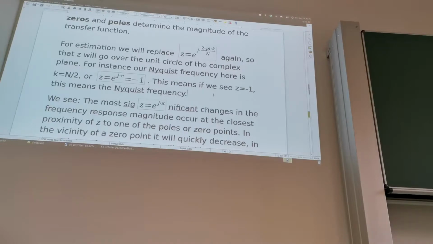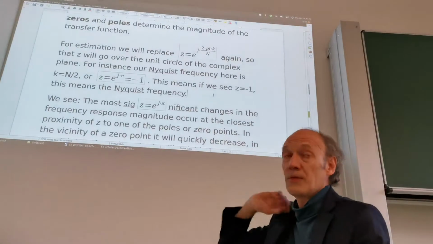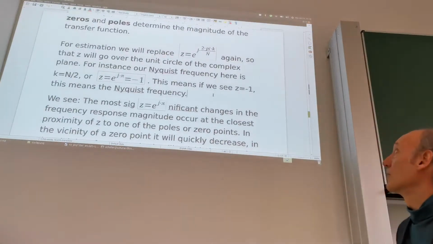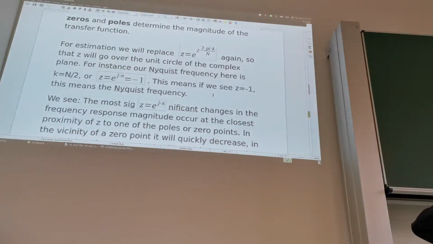Yeah, so basically this is the result of this substitution, z equals e to the j 2 pi k over N. This means in this way we have this equivalence between normalized frequency and angle.